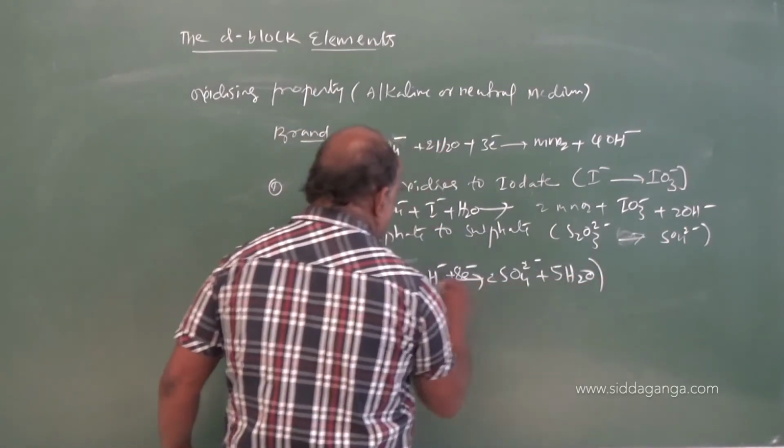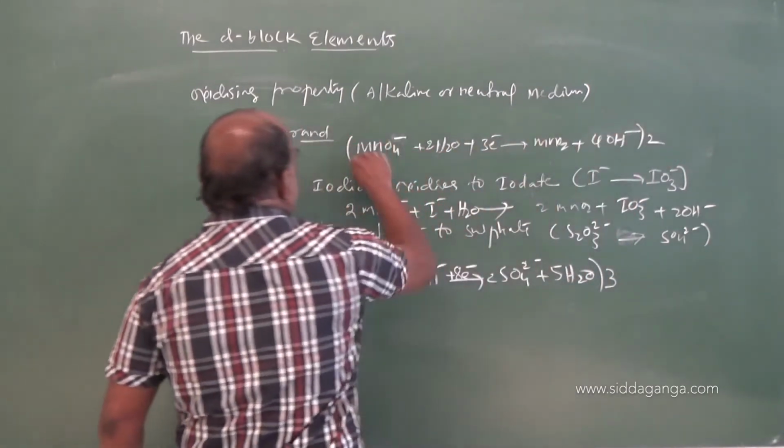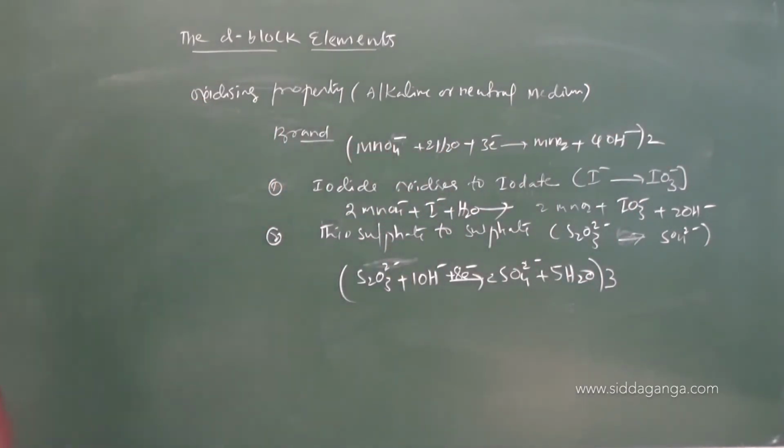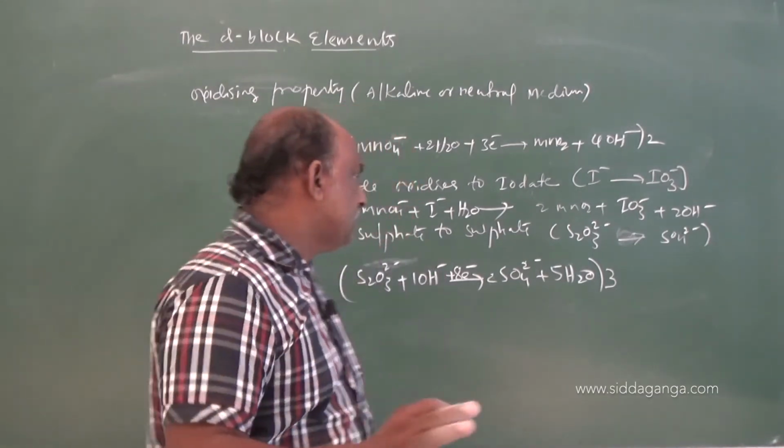So this equation multiply with 3 and this equation multiply with 2. Standard equation multiply with 2 and second equation multiply with 3. Then you will get the correct balanced equation.